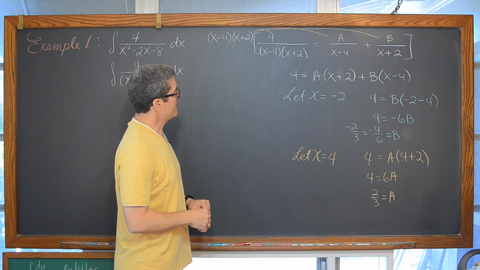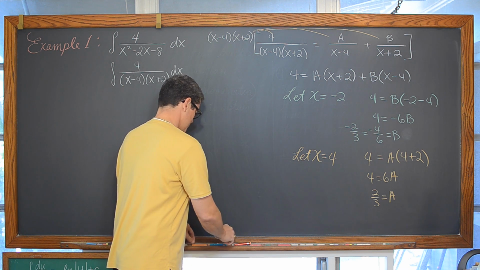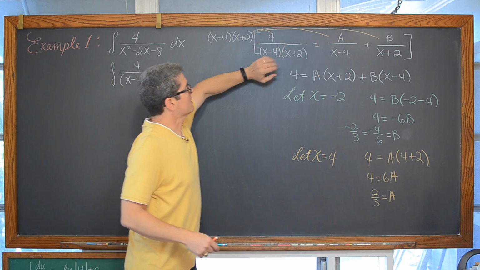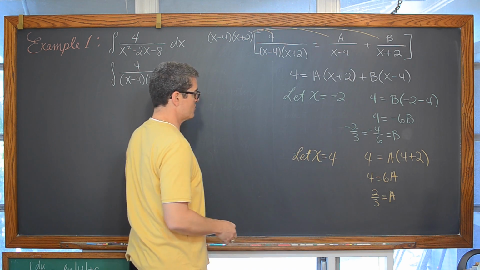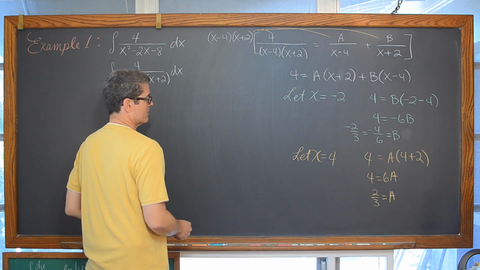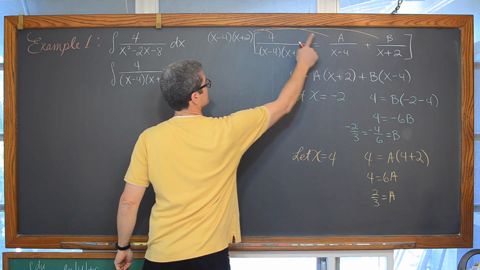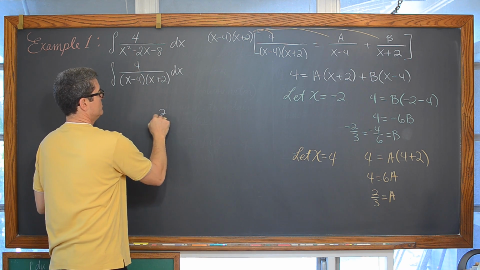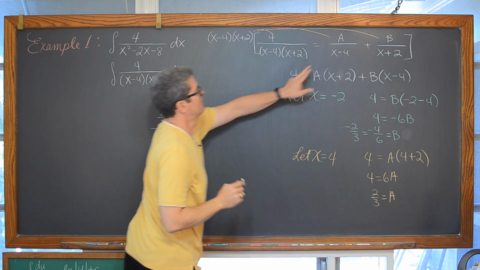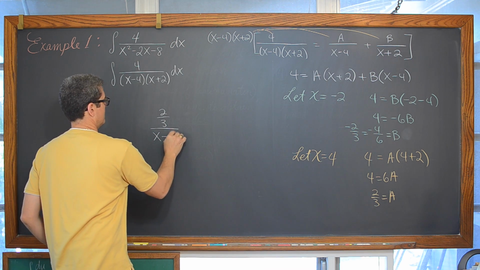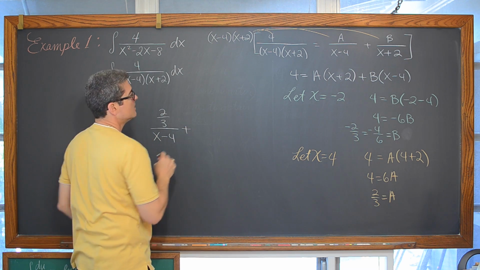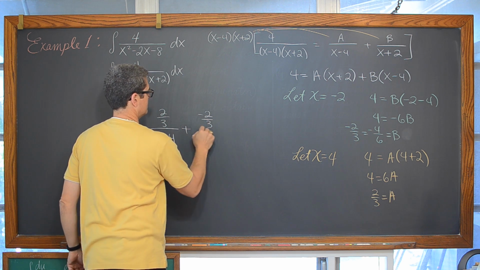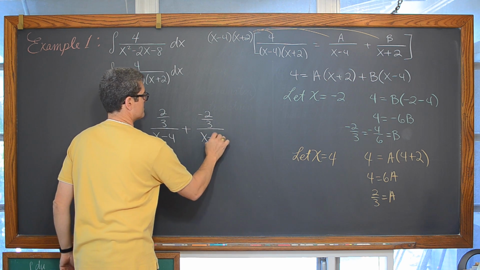Great. So that means that when we decompose this fraction, a couple of terms that would add up and give us this would be, I don't have to erase all this because I'm definitely going to run out of room, but we have that this is equal to a, which is, let's write over here, 2/3 over x minus 4 plus b, which is going to be -2/3 over x plus 2.